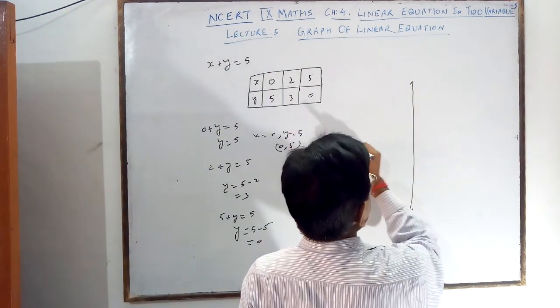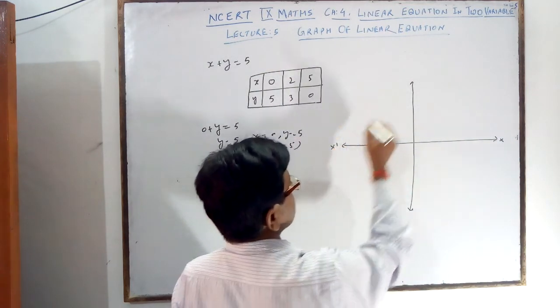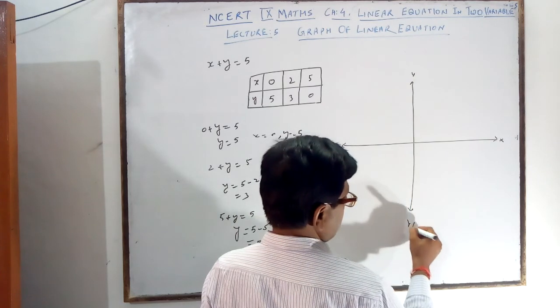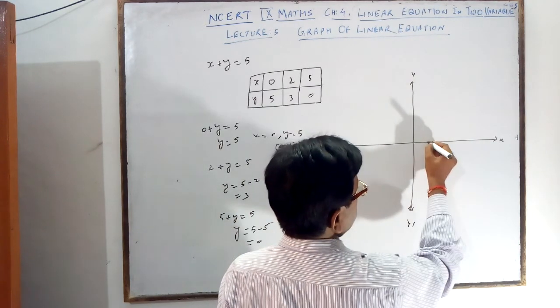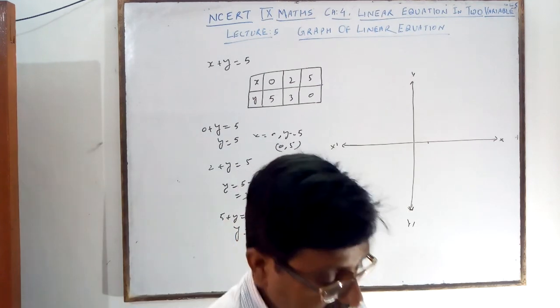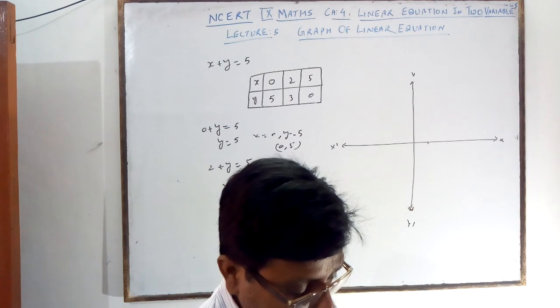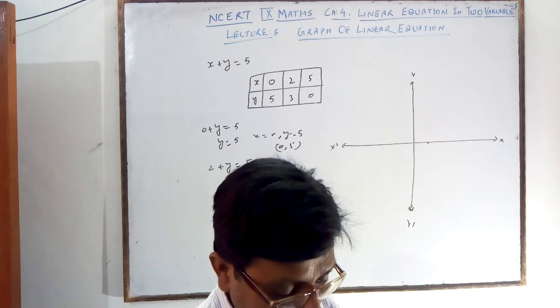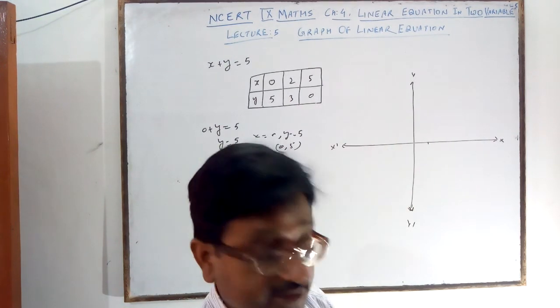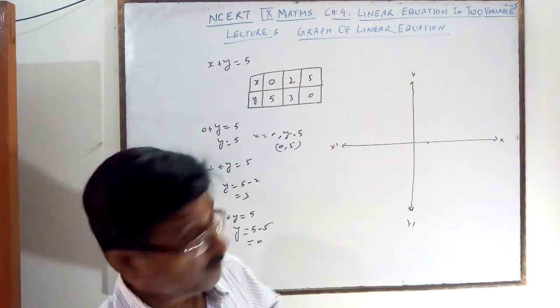On the graph paper you draw two lines, one axis x and x dash, the other y and y dash. Take 1 centimeter as the scale; the graph paper is given. In your graph copies, if there is graph paper, you can easily plot it.